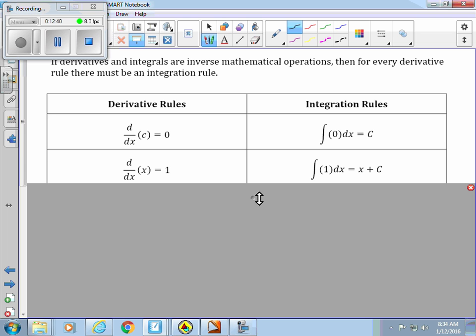Write down 1/3 x cubed. What's the derivative of 1/3 x cubed? Now, what was your thought process, Hunter? Okay, I gotta get 1 as a coefficient, so you want the power and the constant to cancel. And then you're going to reduce the power by 1. Right?